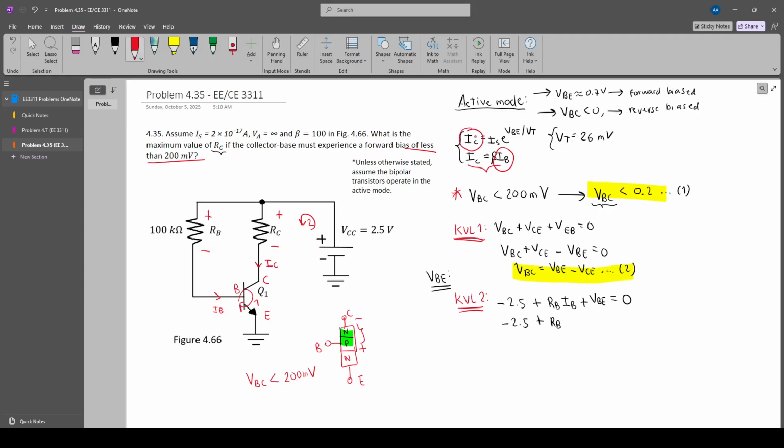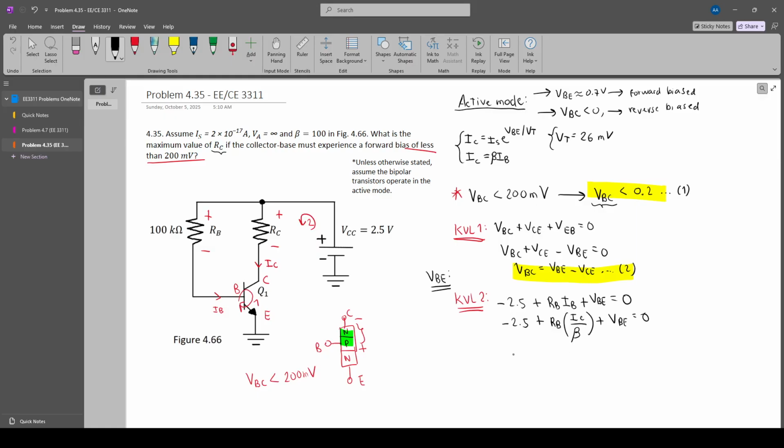We have IC here, right? So we have to express everything in terms of IC. Okay, since IC equals beta times IB, that will mean that IB equals IC over beta, right? Okay, plus VBE equals 0.